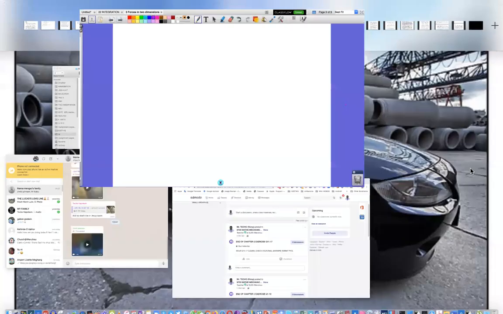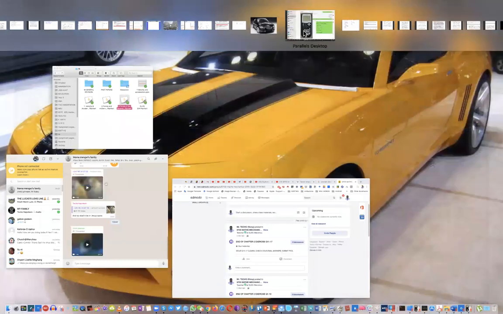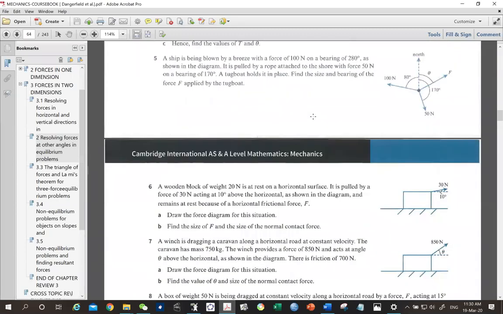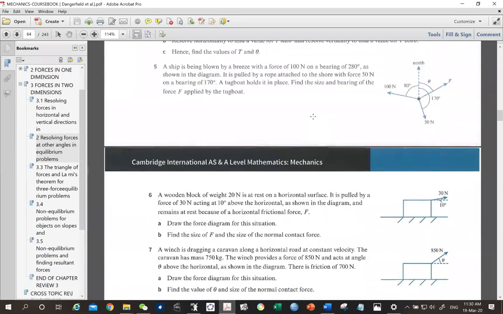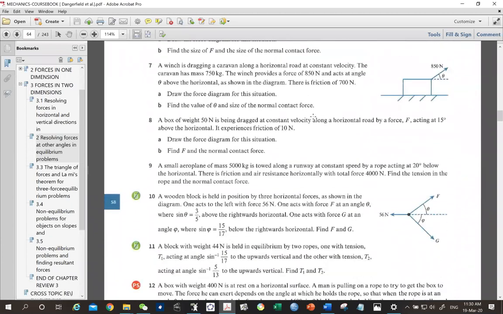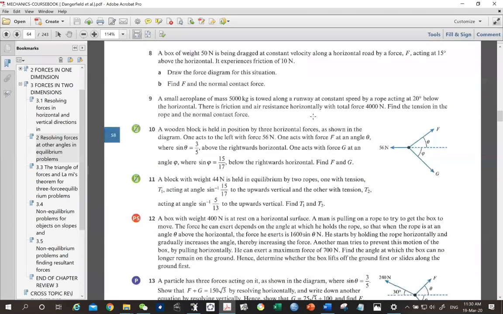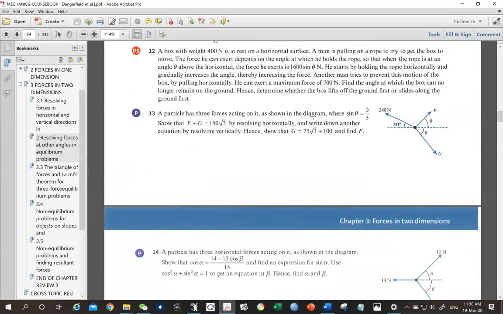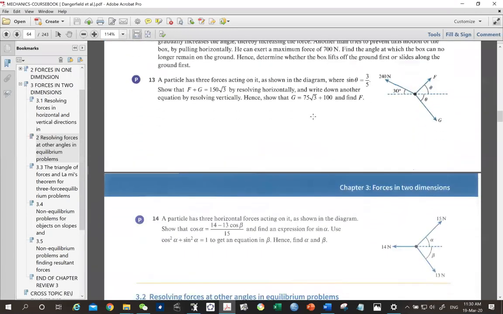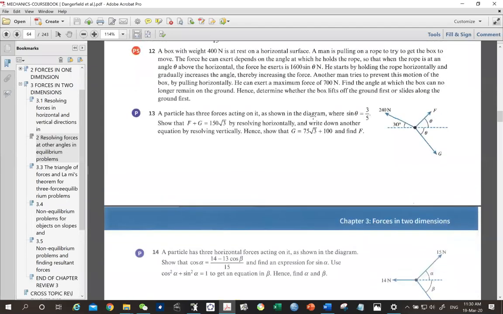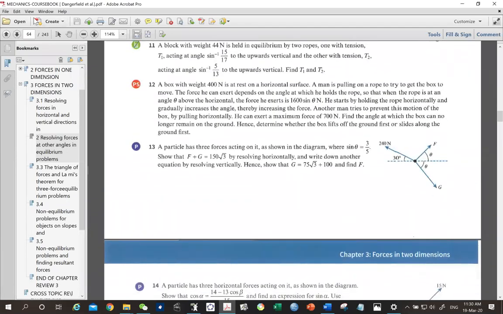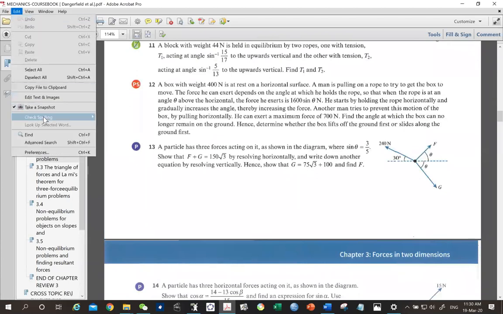One more problem. Which one should we look at? The last one. Let's look at question 13 and see.